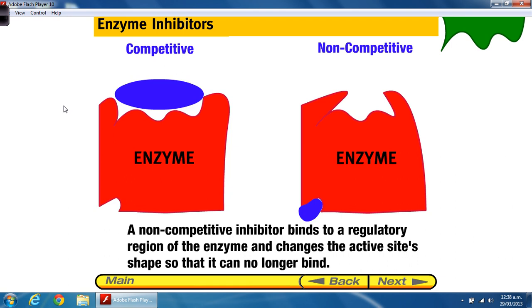So by flooding the system with substrate, we can outcompete that inhibitor. But if this inhibitor binds permanently, then it's only a matter of time before eventually all the enzymes are blocked by an inhibitor, and it doesn't matter how much substrate we throw at it, it's blocked permanently now because it's not going to come out.